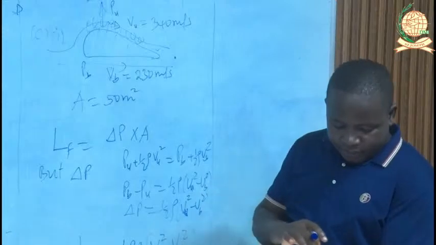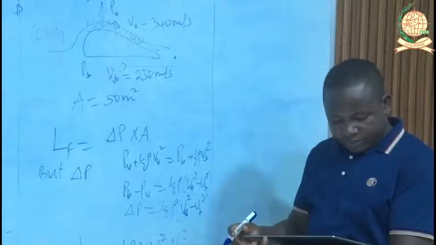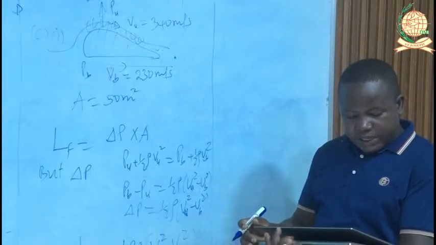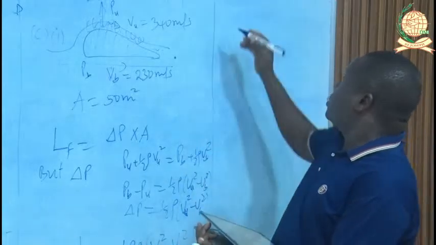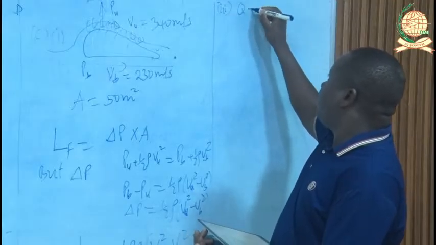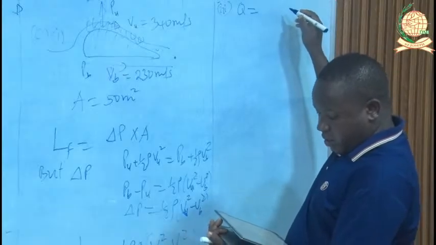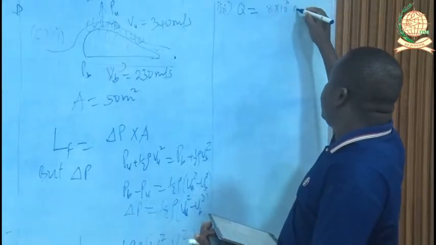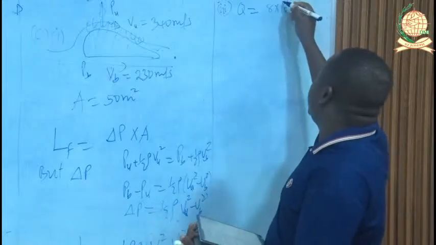Roman 3. Water flows steadily along the horizontal pipe at the rate of. So, Roman 3, we are given the rate of water flow to be 8 times 10 raised to negative 3 meter cubed per second.